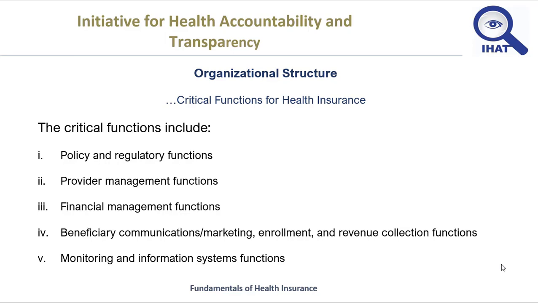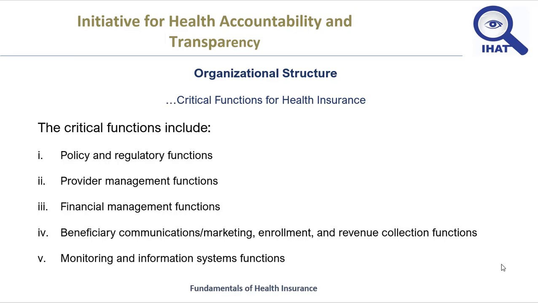For the beneficiary communication / marketing, enrollment, and revenue collection functions, these include educating the public about the insurance scheme, generating demand for enrolling, reaching out to special populations, educating members about entitlement to benefits, enrolling eligible beneficiaries, collecting premium payments or taxes, reviewing and redressing grievances, and ensuring that employers register their employees and deduct contributions properly.